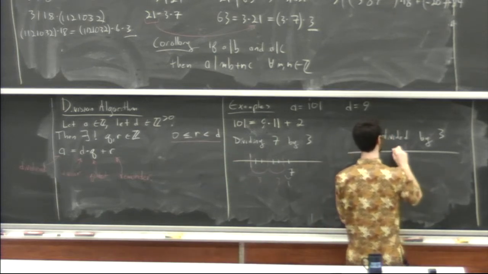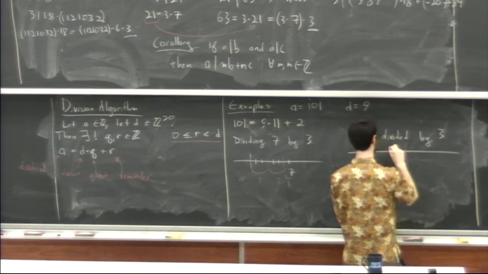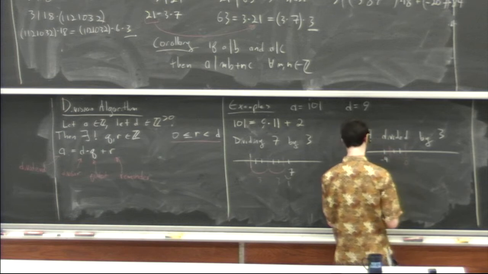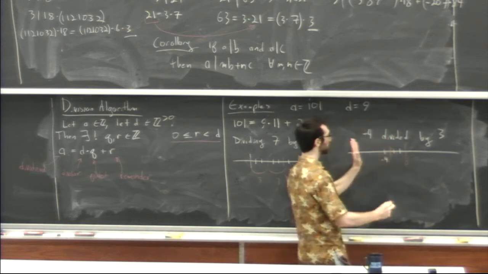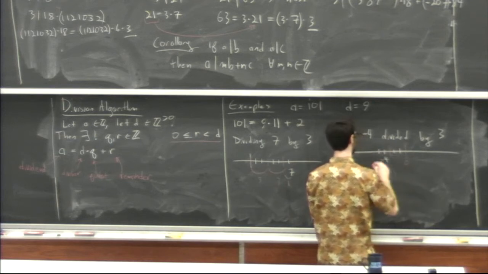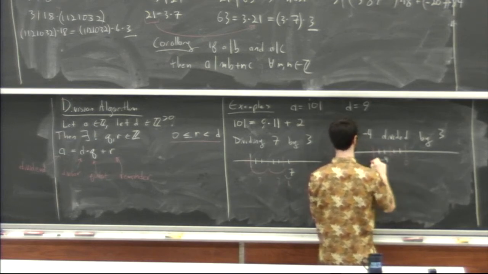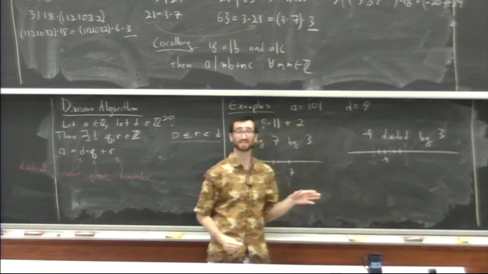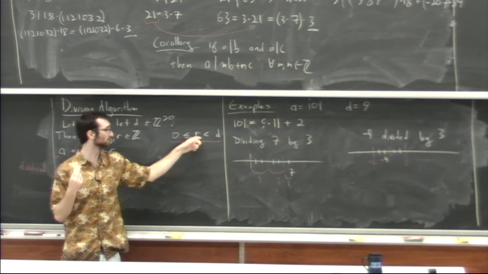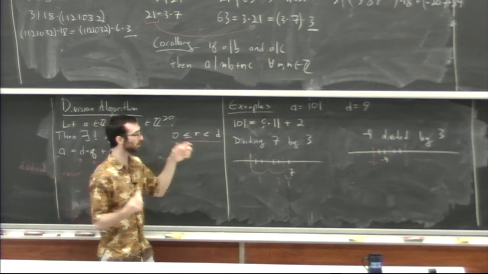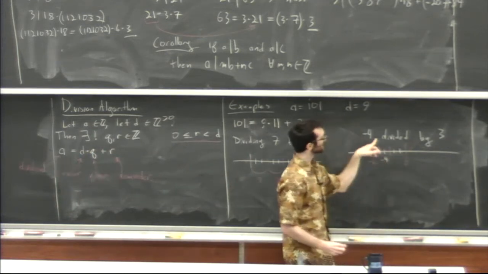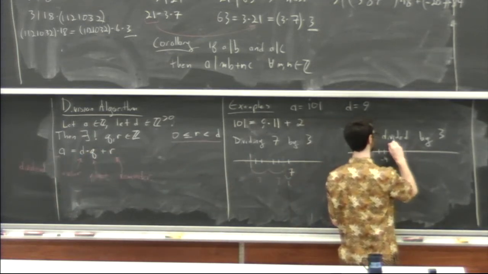I got -1, -2, -3, -4. But what I have to do is go past it. So I have -4, -5, and then -6. The point is that the remainder always has to be a positive number.